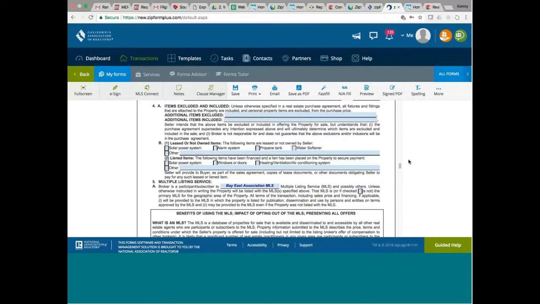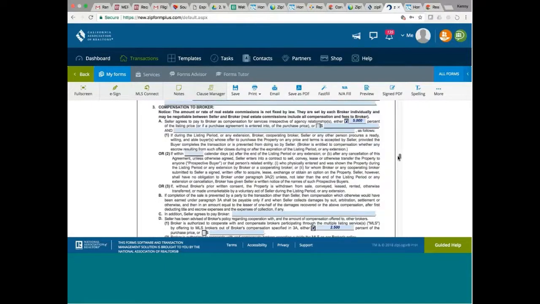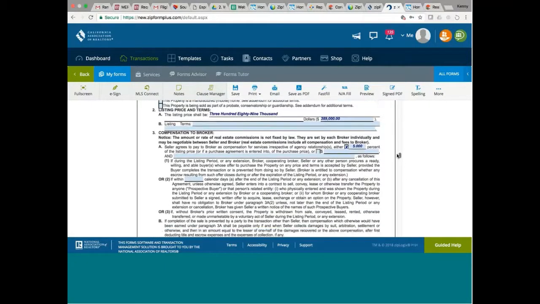For example, let me just kind of briefly explain to you a few paragraphs here. Number 3A basically says your commission rate. It can also be a flat fee. If it's a flat fee, you select the flat fee option, which is this one.